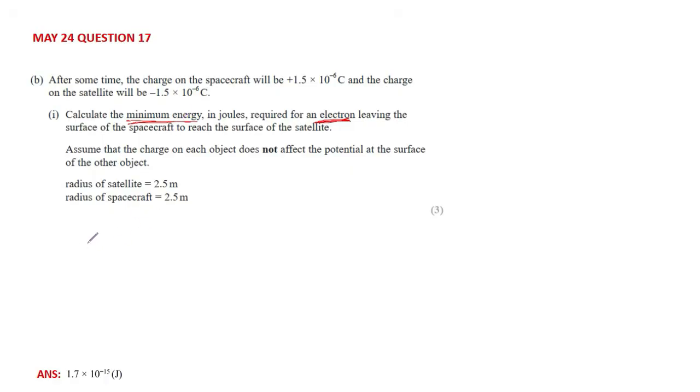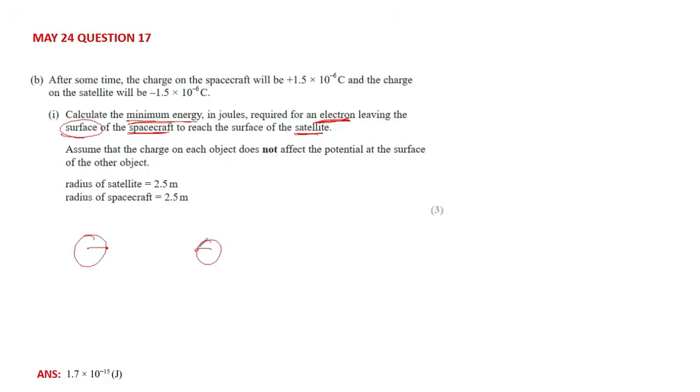Now, it is moving from the surface of the spacecraft to the satellite. Okay, from here to here. And you have to focus on the word surface as well, right? So what is the electric potential at the surface of the spacecraft?